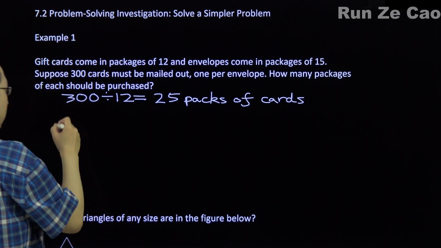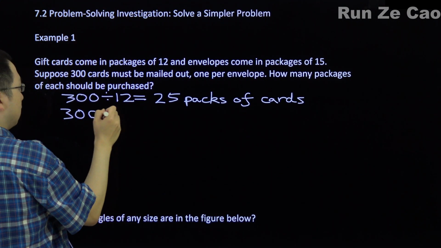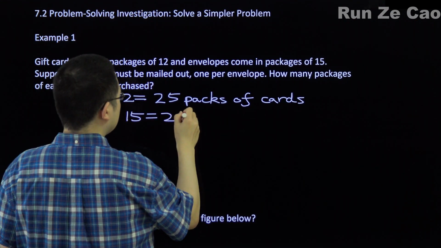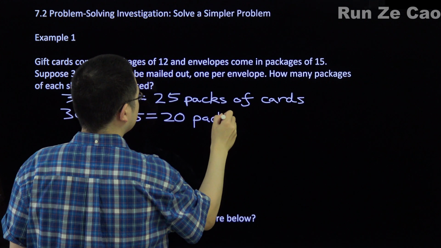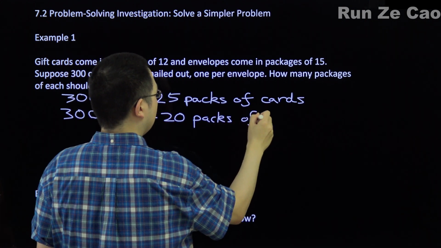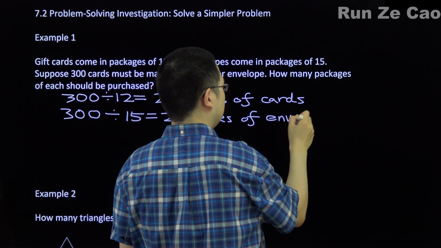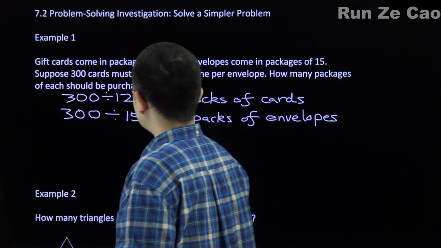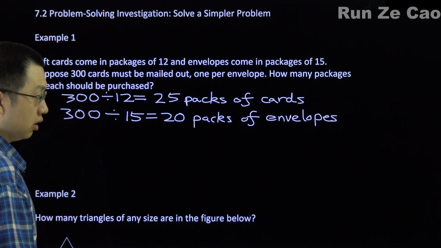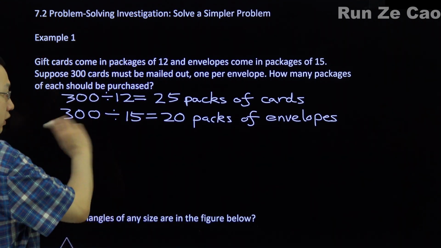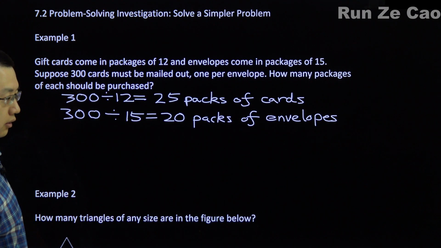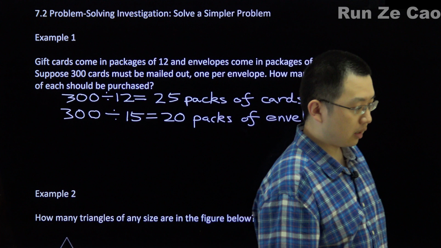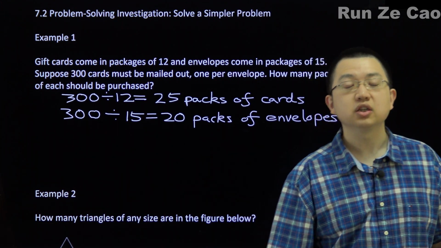And envelopes, 300 divided by 15 equals 20 packs of envelopes. And that's it. Like, don't overthink your problems. Sometimes, well, very often, they are doable in sections.